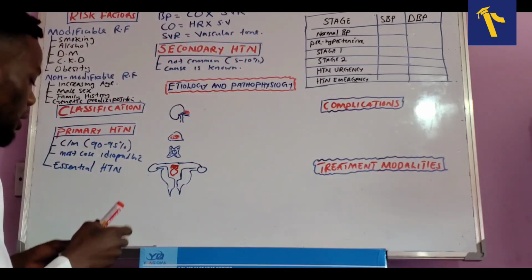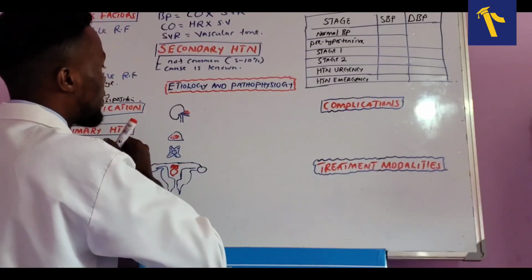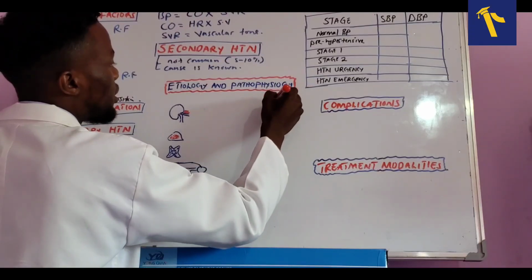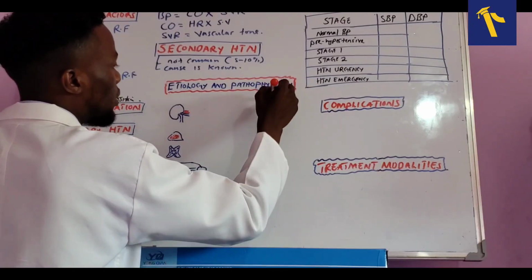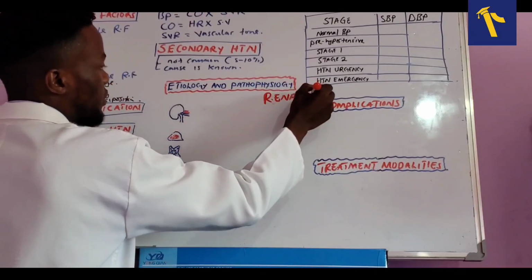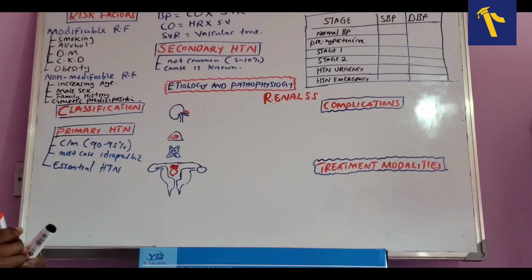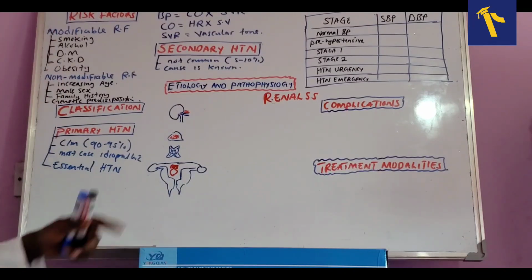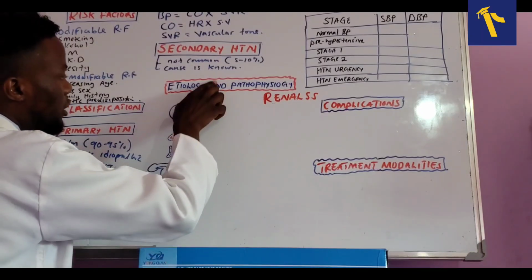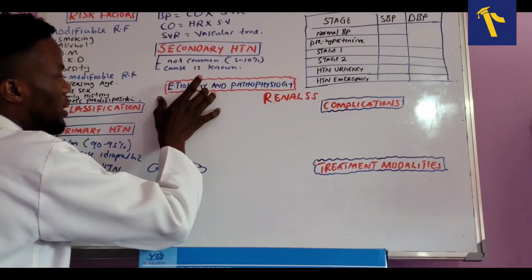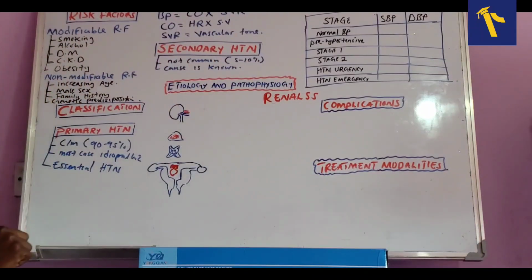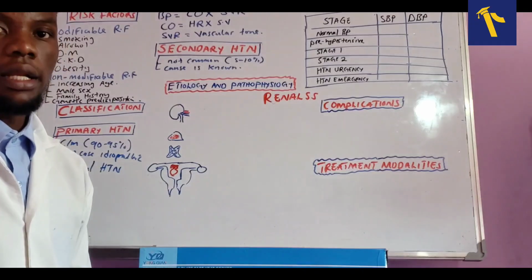We can simply remember the causes of secondary hypertension by this mnemonic, RENALS. If I talk about the etiology of secondary hypertension, we'll also talk about the pathophysiology of the same cause. That's how we're going to be learning.